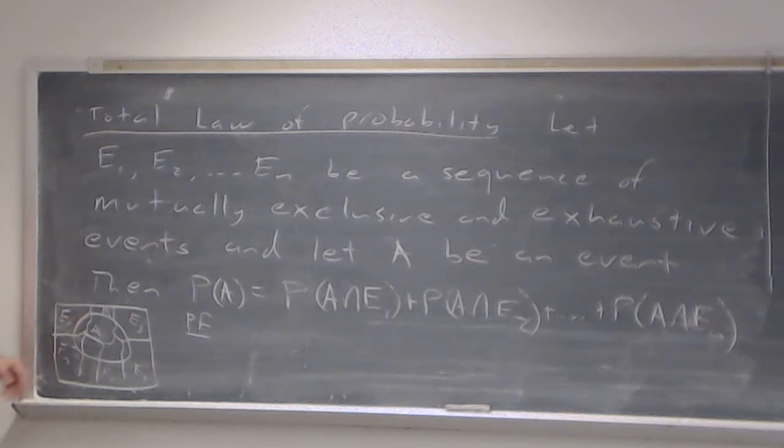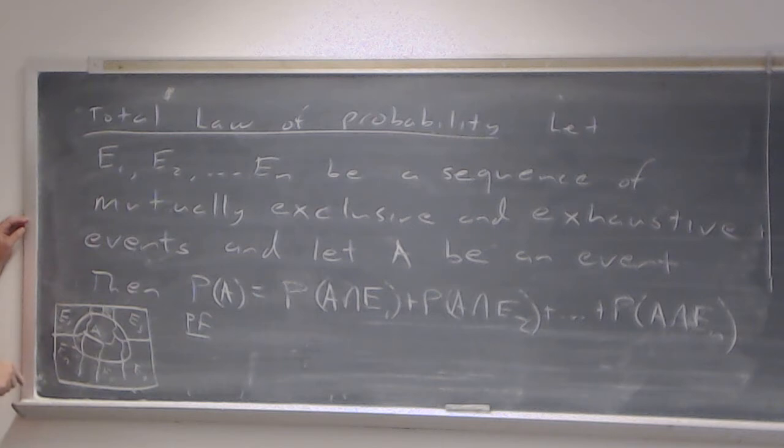To figure out the probability of A, you take the part of A that's in common with E1, plus the part of A that's in common with E2, plus the part in common with E3, E4, E5, and so forth. And none of them overlap with each other because the E's, 1 through En, are mutually exclusive.